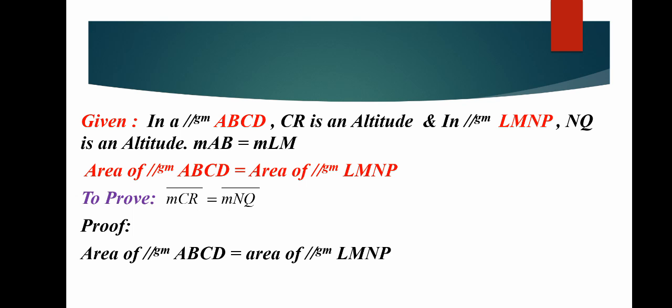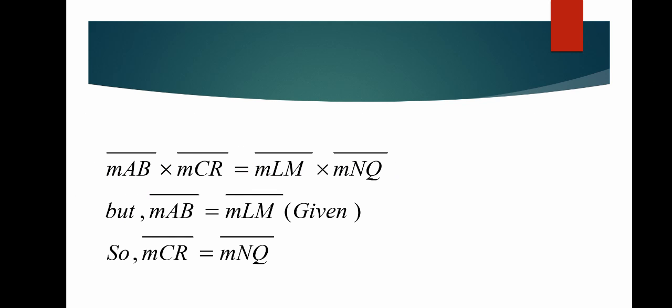For the proof, area of parallelogram ABCD is equal to area of parallelogram LMNP. The formula is base multiplied by altitude. So AB multiplied by CR, AB is the base and CR is its altitude, equals measure LM multiplied by NQ, LM is the base and NQ is its altitude.